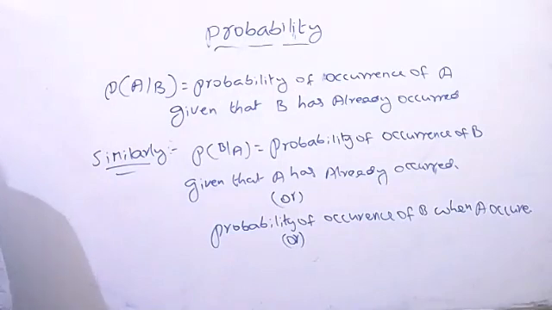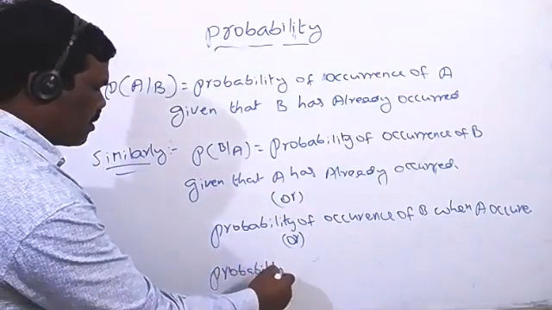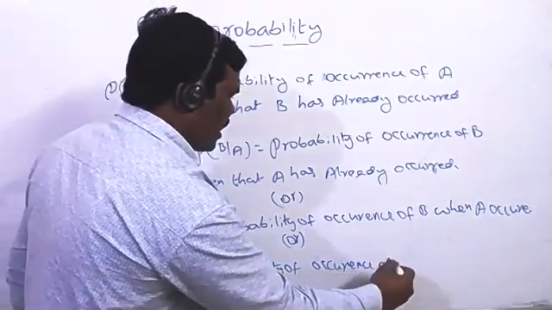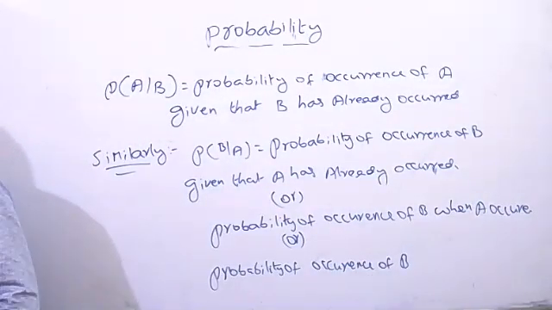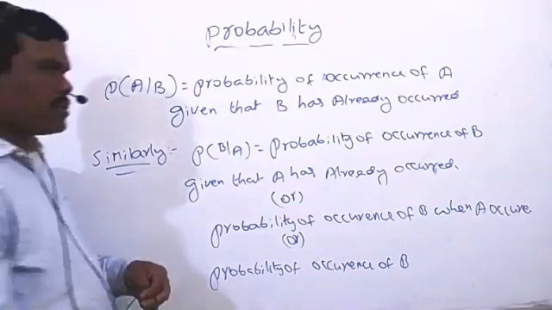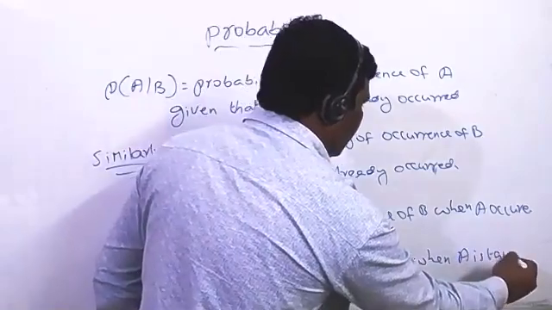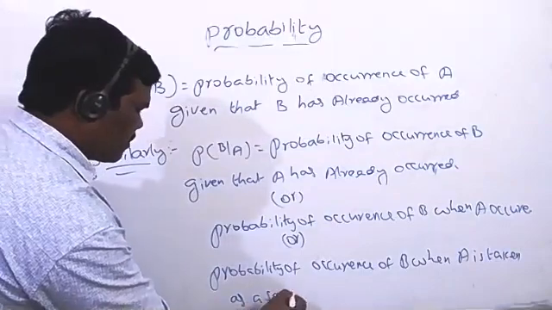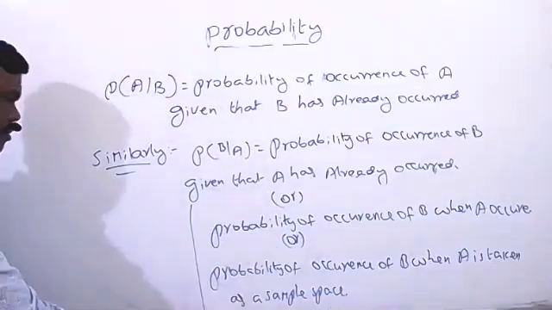Or probability of occurrence of B when A is taken as a sample space.